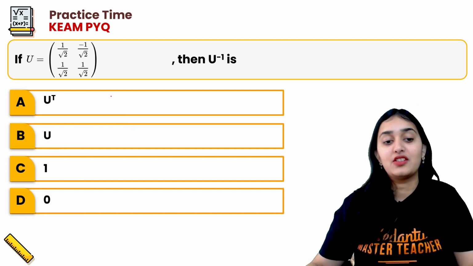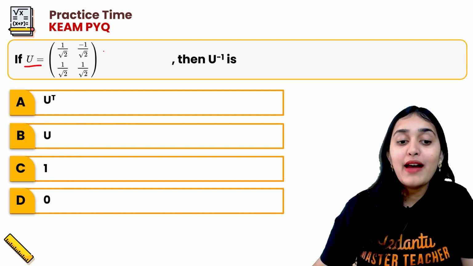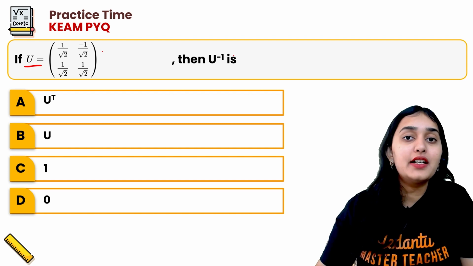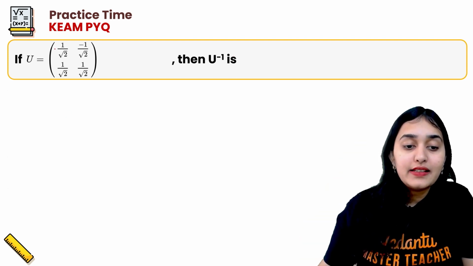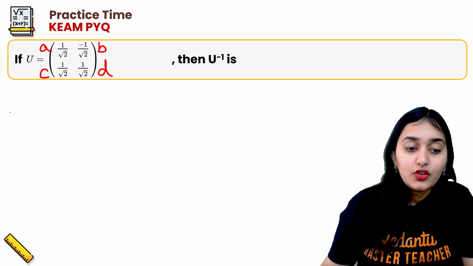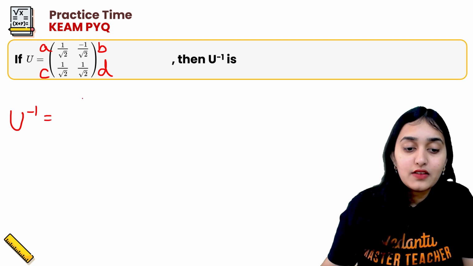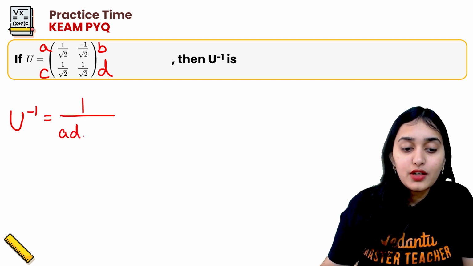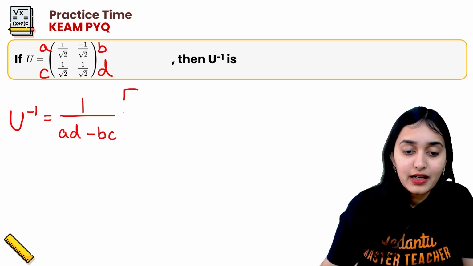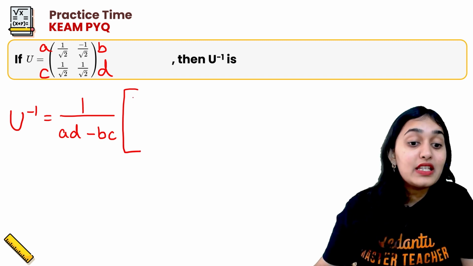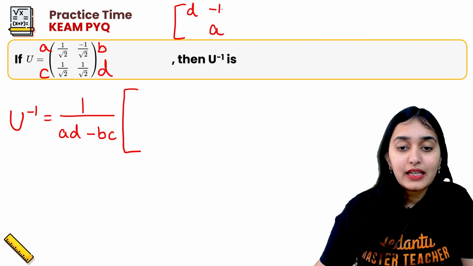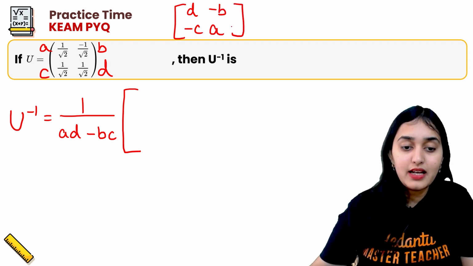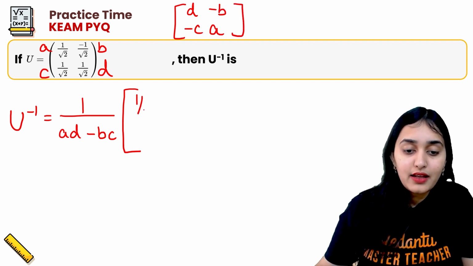Okay. Next question. If U matrix is this, then U inverse is dash. What is the formula? Remember, this is A, this is B, this is C, this is D. So the U inverse formula is 1 upon A into D minus B into C, multiplied with the matrix D, minus B, minus C, A. Now what is D? 1 by root 2.